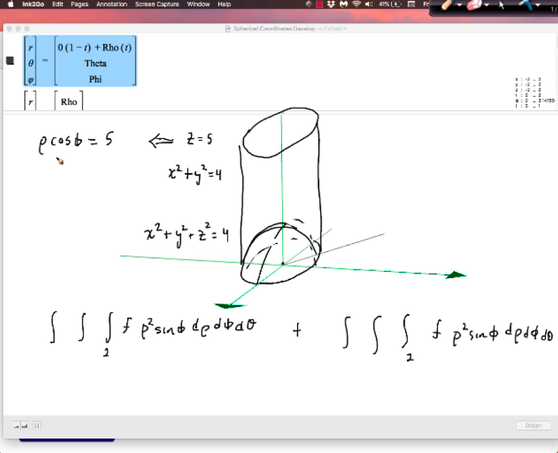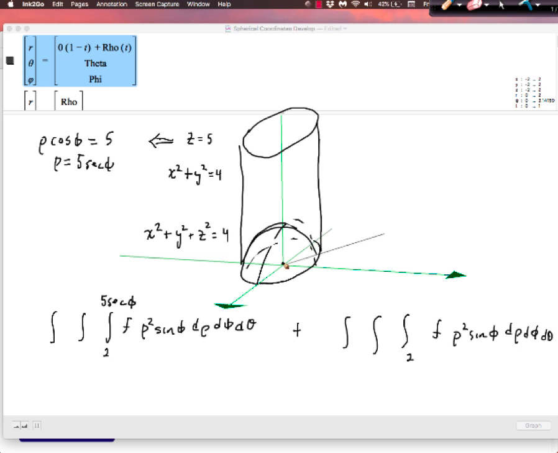So I'm going to solve for rho. Rho is 5 divided by cosine, which is secant, right? 5 secant. And so my rho is going to go from 2 to 5 secant phi, which corresponds to z equals 5.